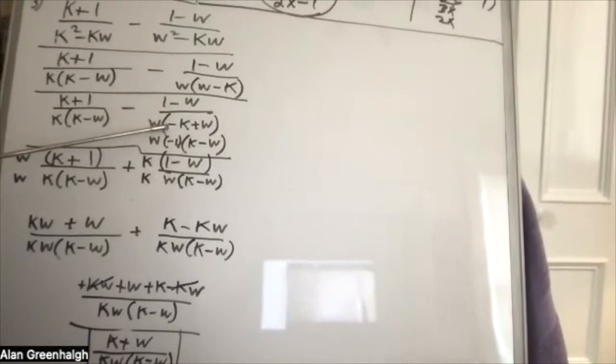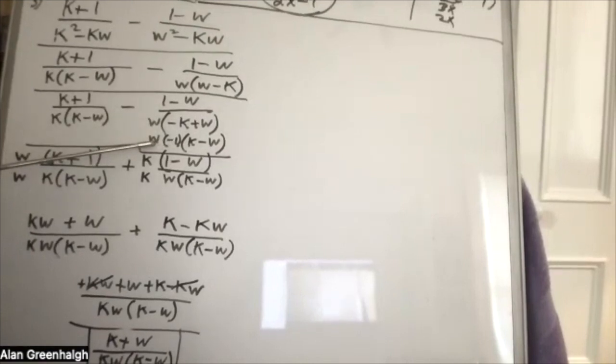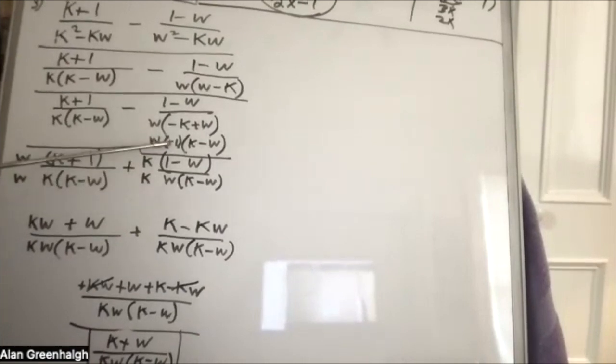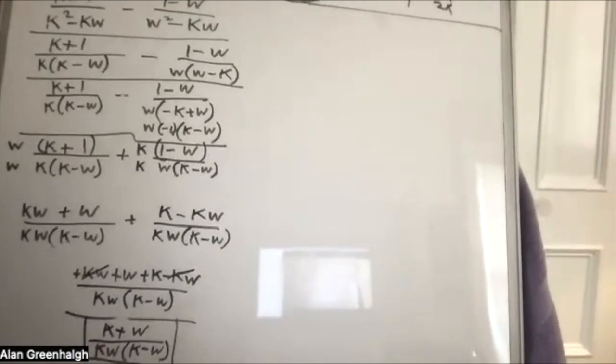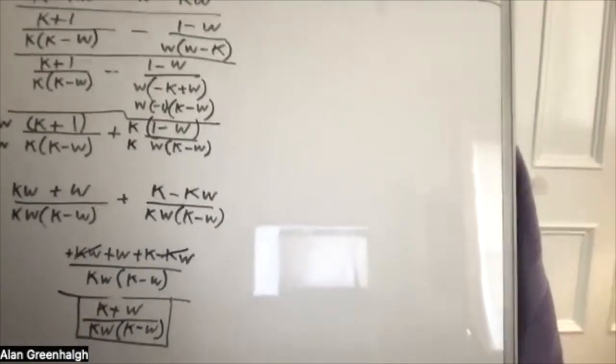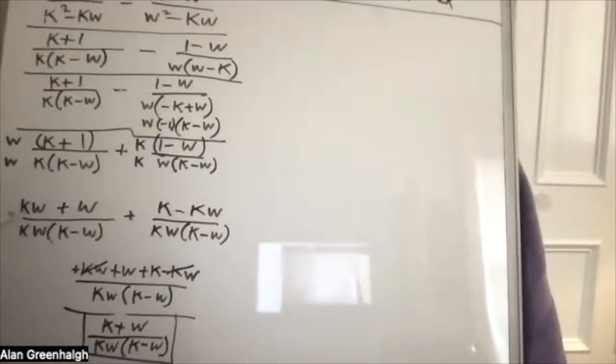I took out the common factor of negative. See, I moved it over there, and then I moved it down here. And I made that negative and that negative into a positive. So I got rid of that negative. Now, the next step was over here, where I created the least common denominator.